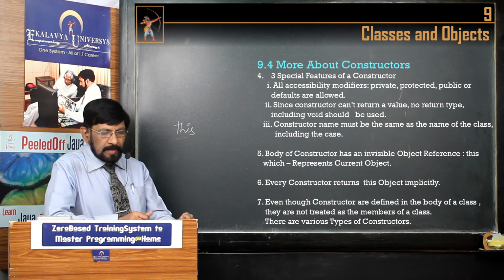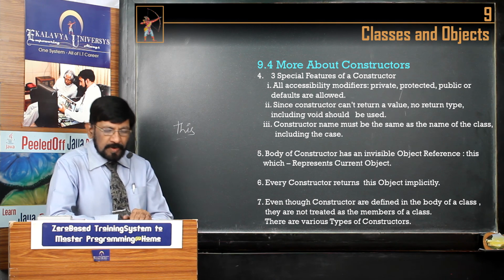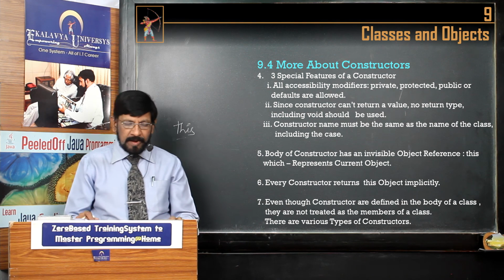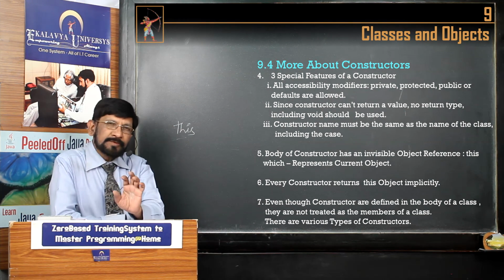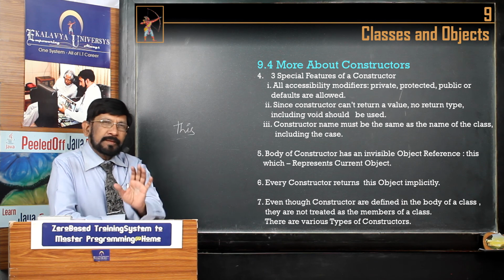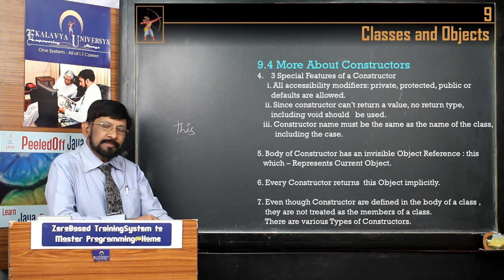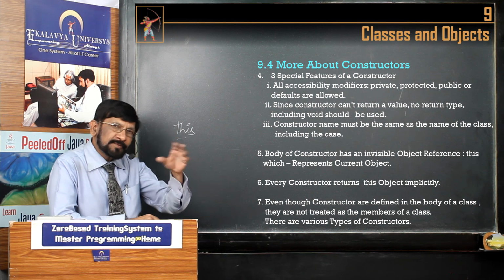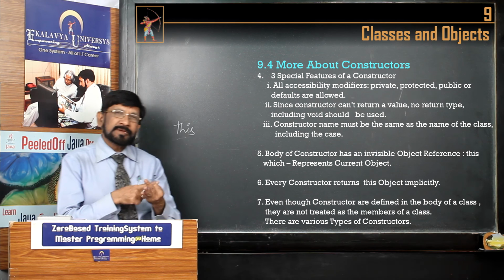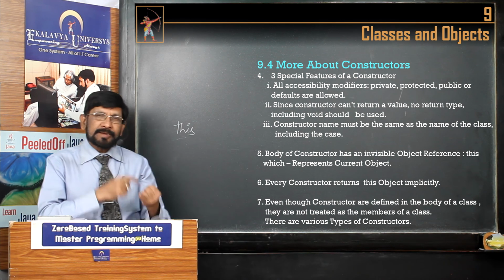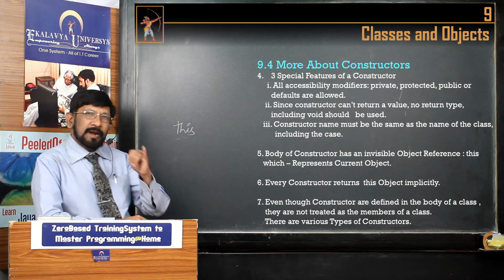And here, even though constructors are defined in the body of the class, they are not treated as members of the class. As I told you already, in a class declaration we write various types of elements: instance variables, instance methods, static variables, static methods, and nested classes.